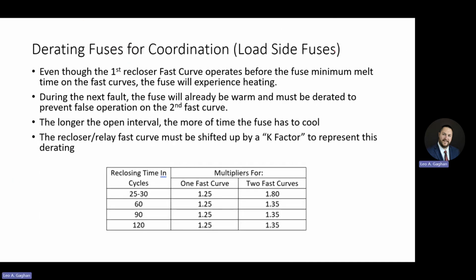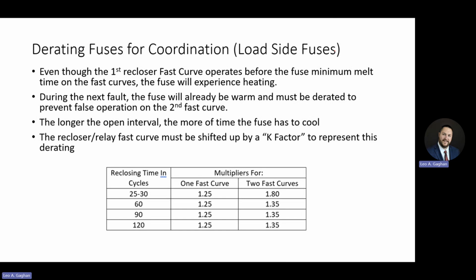Okay, so derating fuses for coordination. The load side fuses, so we'll call them downstream fuses, we touched on this briefly just a few minutes ago. Even though the first reclose or fast curve operates before the fuse minimum melt time, the fuse will experience heating.